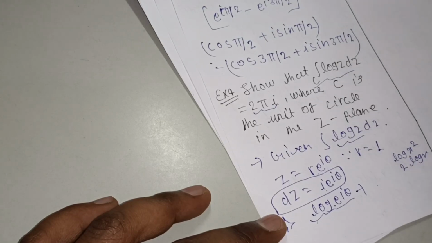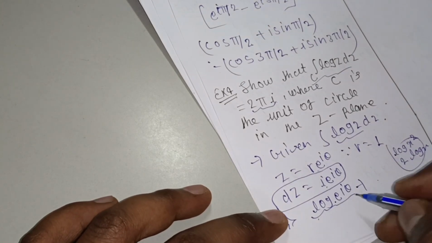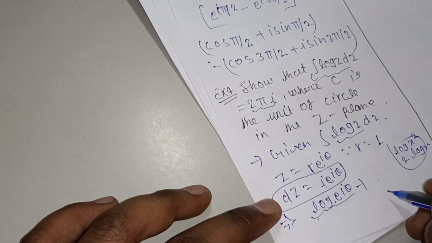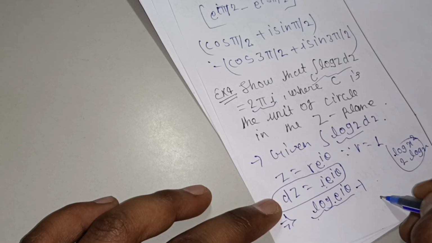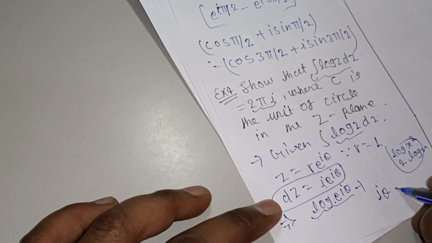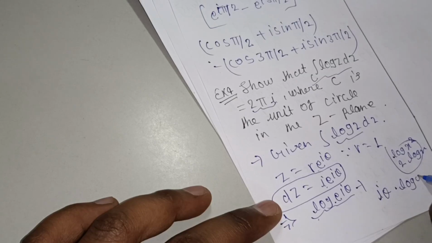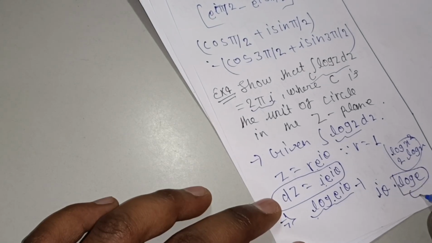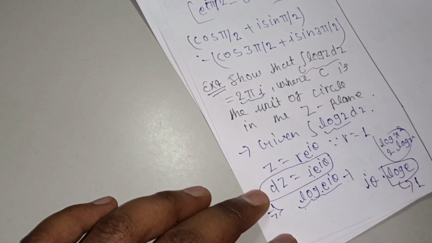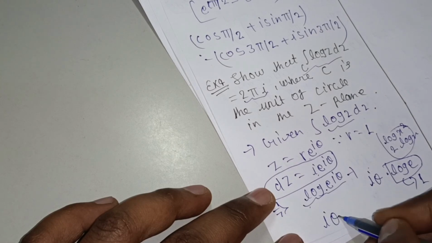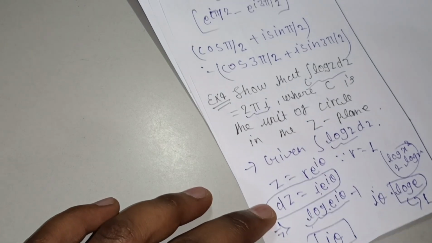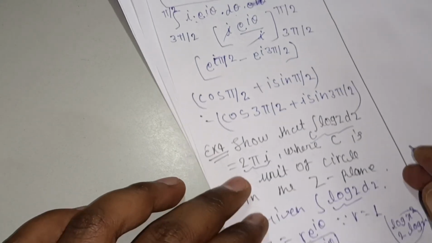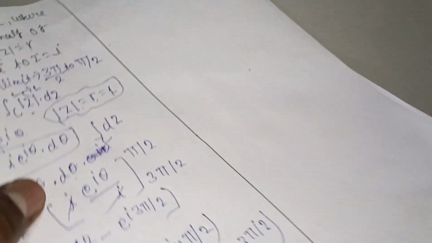So I can write it as iota theta into log e, and we know that log e is 1, so iota theta only.